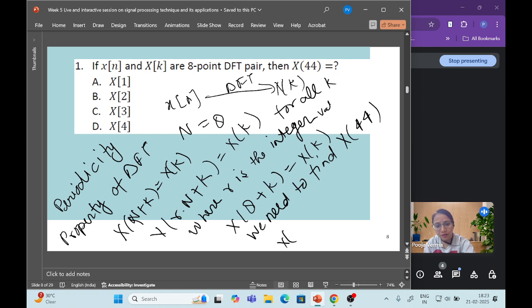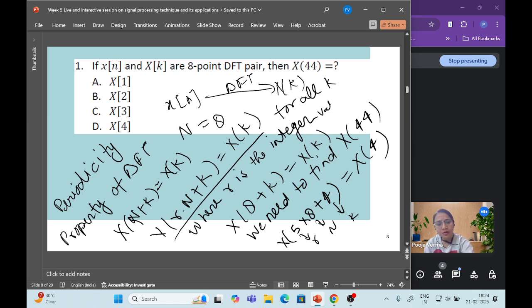If we do 5 into 8 plus 4, this is r, an integer value, r into n plus k, so it will be equal to x of 4.